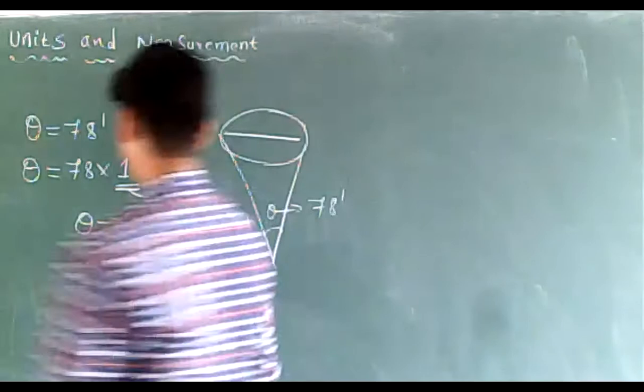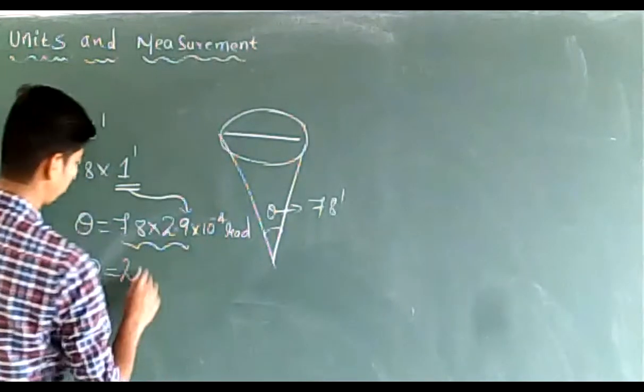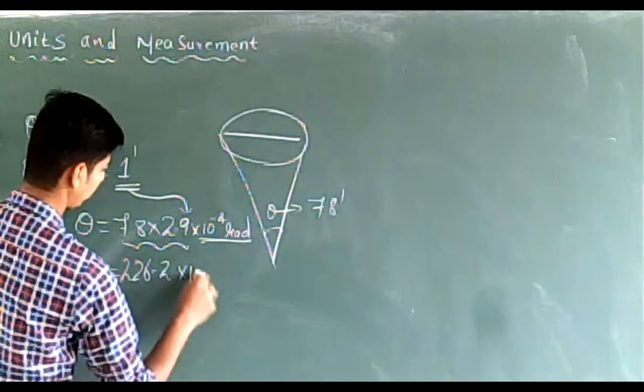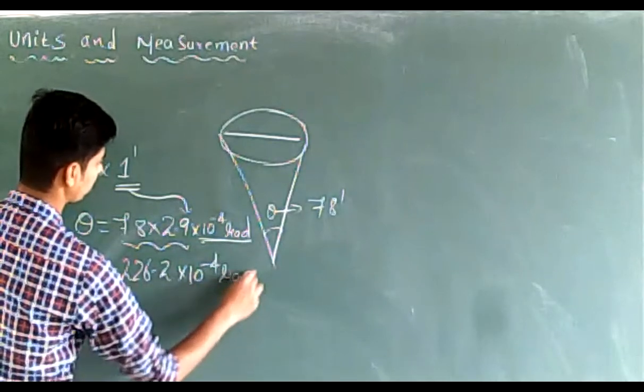Then write the 10 to the power minus 4 radians.